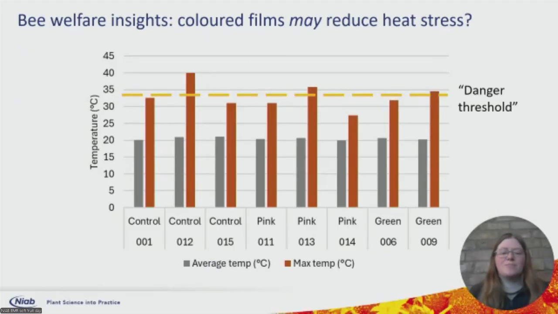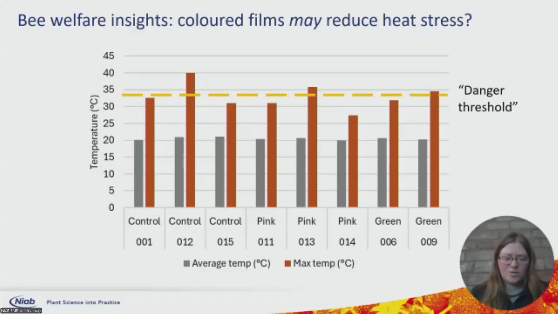Delving into this a little bit more with those HiveHub devices, we were able to get some temperature data inside the hive. About 33, 34 degrees is the point at which beehives experience stress. This is bad for the adults and particularly bad for the larvae. It did seem like there was a slight tendency for the hives that were in tunnels that had pink and green film on them to experience fewer of those extreme stress events.